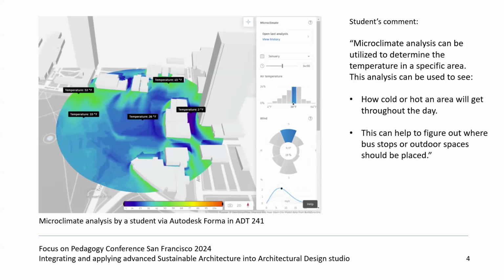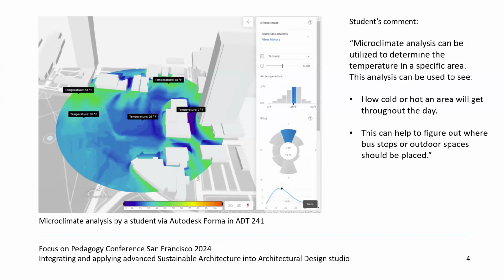At that time, Autodesk Forma didn't have the embodied carbon module, so they didn't conduct any analysis related to embodied carbon. However, they mainly focused on sun hour, microclimate, wind analysis, solar energy, and of course, noise analysis.